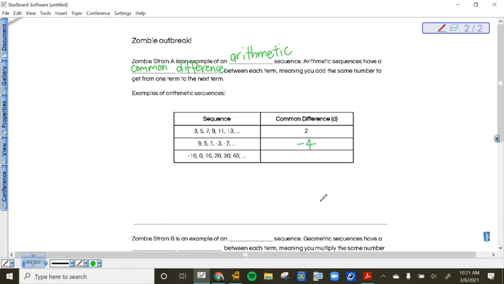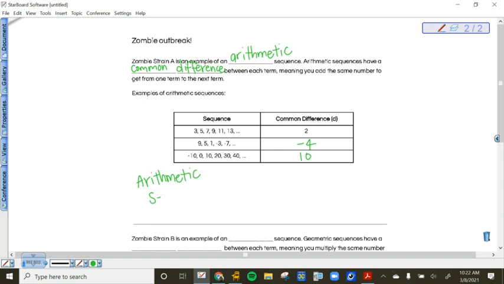And then the next one? Yeah, add 10. If I put a minus sign, that's telling me to subtract. If I don't put any minus sign, then we know it's a positive number, and that just means that we're adding, right?